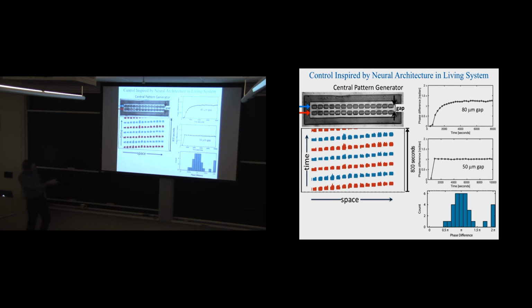This is the time dependence of these two, and this is the time dependence of these two. And then if you look at the phase difference as a function of time, bam, right to the attractor. Depending on the gap, you'll get more or less robust behavior, giving statistics on the robustness of the circuit.